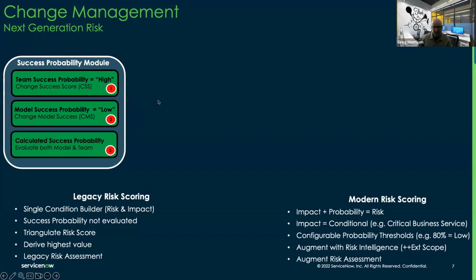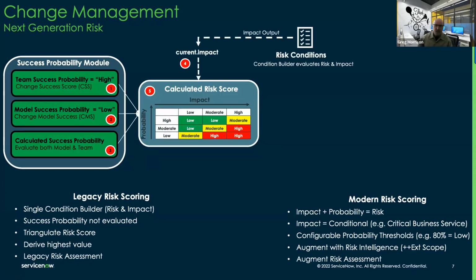Or you can use a combination of the two to come up with a value. And what we did here is we ingest the current impact value directly from risk conditions, and then we pull in the success probability data based on how the customer has configured it.